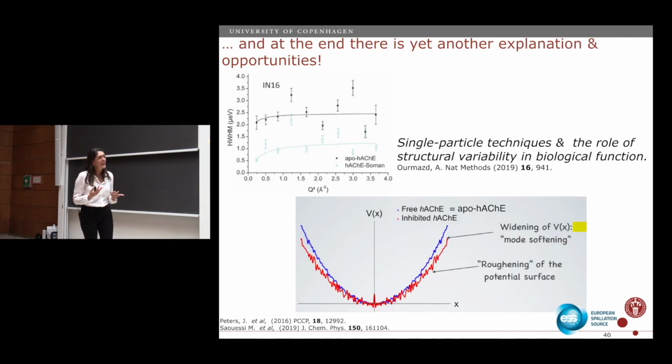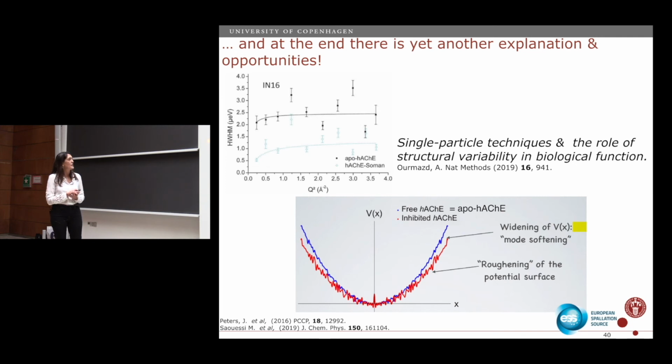And then, at the end, there is also another explanation. Remember that I told you that we also had the protein that was inhibited. When we do our analytical calculations, we got the line width as a function of Q squared, the same way that I got for the dental cement. So if we use some theory, and some of you that listened to Gerhard Kneller's talk, that's what he was explaining.